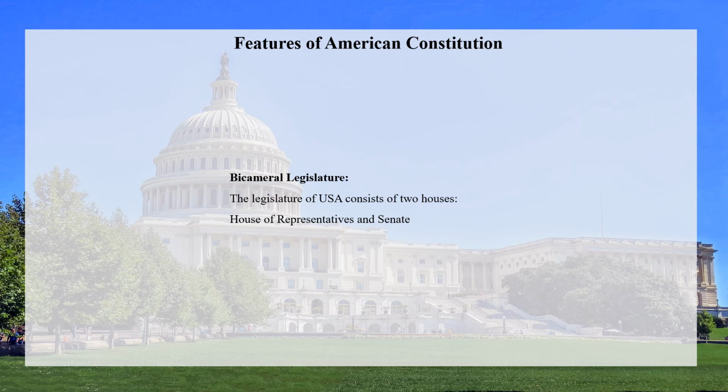Bicameral legislature. The legislature of the United States consists of 2 houses: the lower house, the House of Representatives, with 435 members representing the nation, and the upper house, the Senate, with 100, representing the federal units.